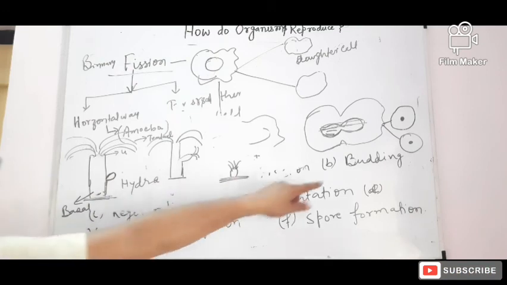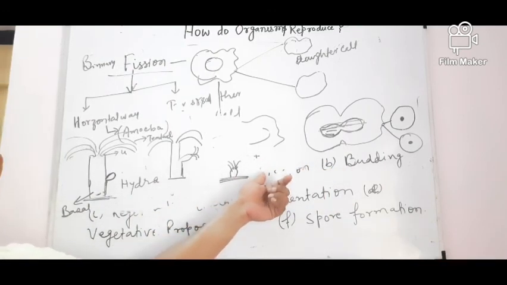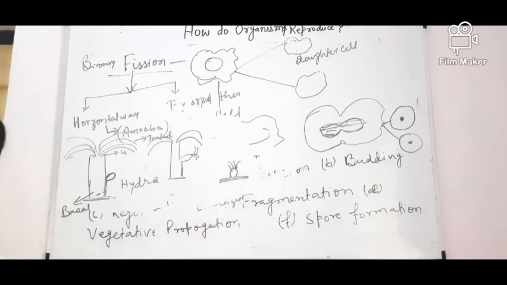So budding takes place in hydra. Binary fission takes place in protozoa, amoeba and Leishmania donovani.